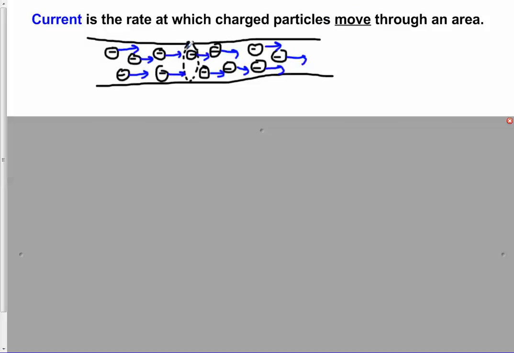So you can imagine that after 1 second has elapsed, a certain number of these electrons will have passed this little barrier that we've created in our minds, just this little line in the sand. So a certain number of coulombs, a certain amount of charge, will have gone through this spot in the wire. And that's what current is. It's how much charge goes past any given point per second. So that's the rate part of this. It's a time rate of movement.